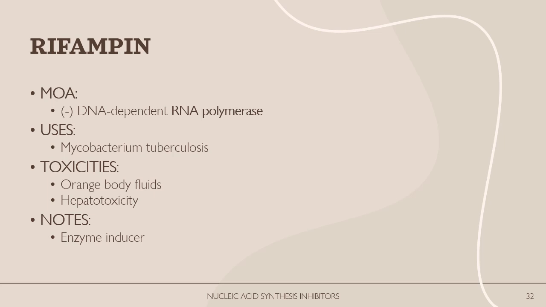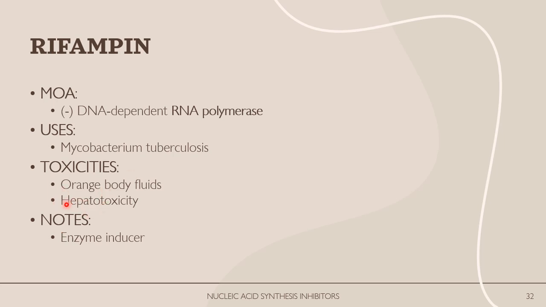Okay, next, you have your rifampin and other rifamycins, like rifampicin. All of them inhibit your DNA-dependent RNA polymerase. Their primary use is for tuberculosis. They can cause orange bodily secretions, so orange-tinged urine, sweat, saliva, and tears.